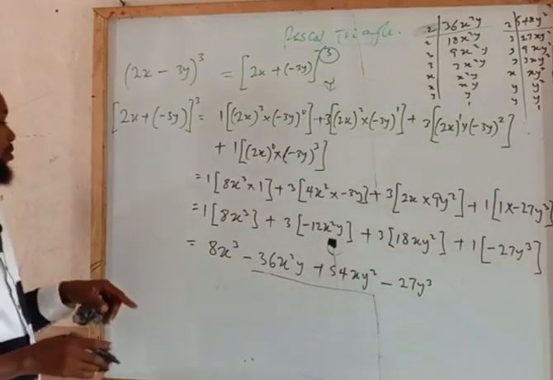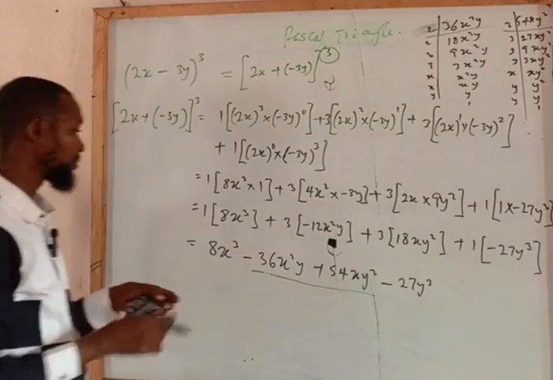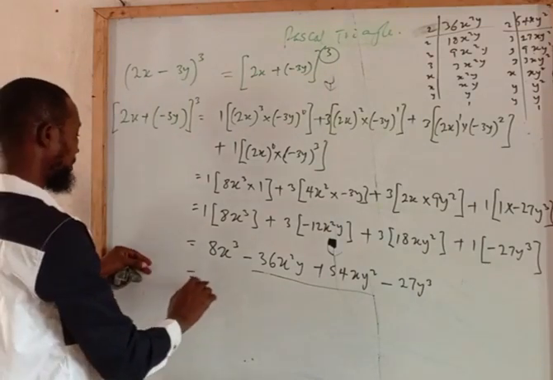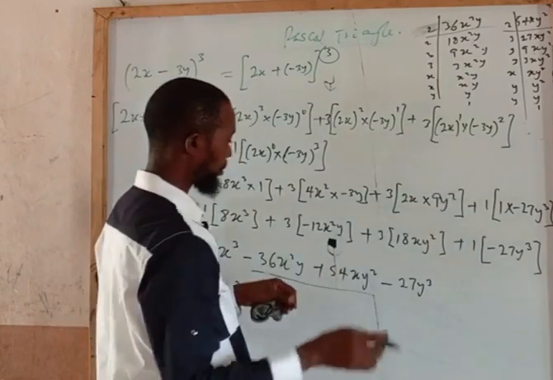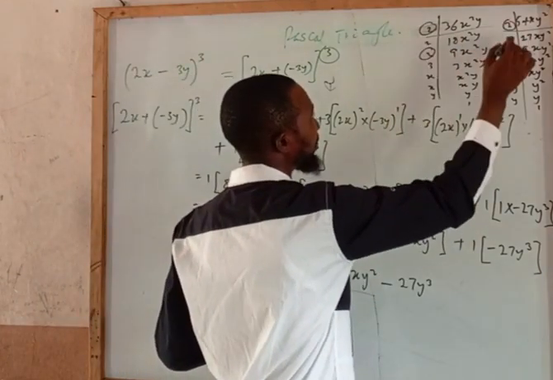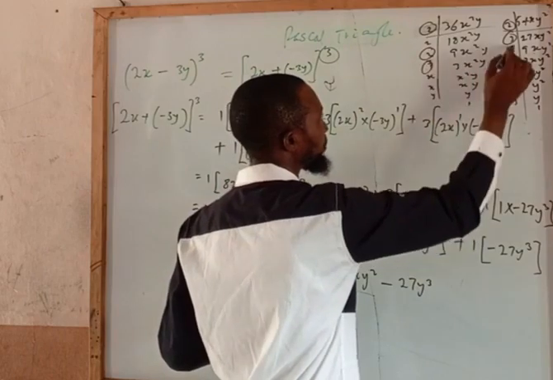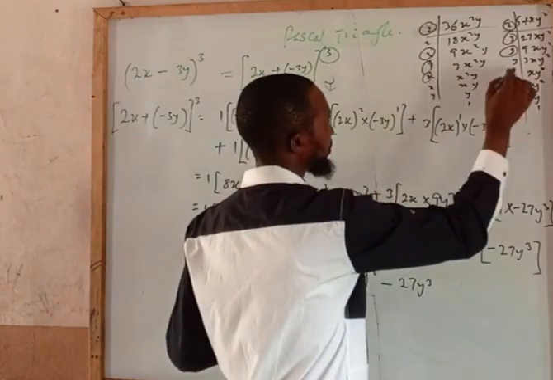Right? Now, what I want to do here is pick what is common to these two terms. So that can now be written as 8x cubed. Now, let's see the terms common to the two. I have 2 here, I have 2 here. 3 is here, 3 is here. 3 is here, 3 is here. That's that about the numbers. Let's pick the letter x, x.